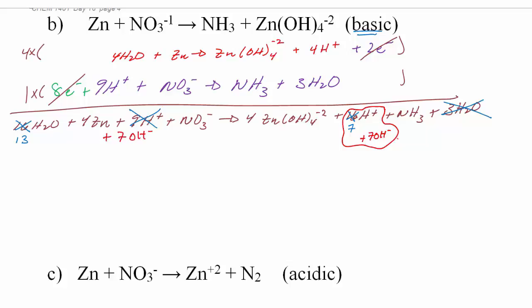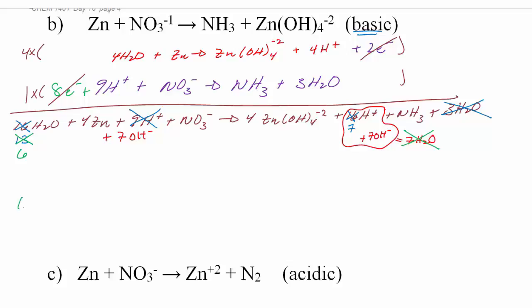Now these are going to produce 7 waters. Can I simplify that at all? Looks like those 7 waters will cancel out and leave 6 waters over here. So let's go ahead and rewrite this.